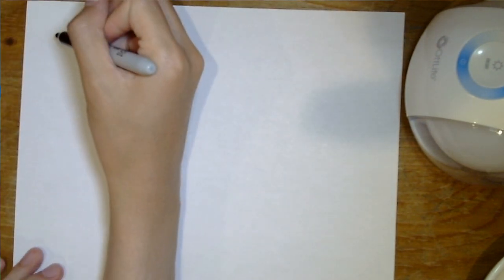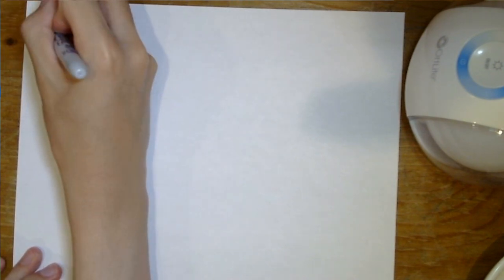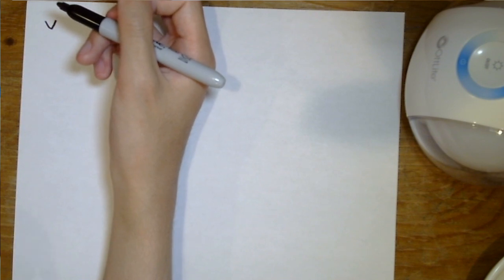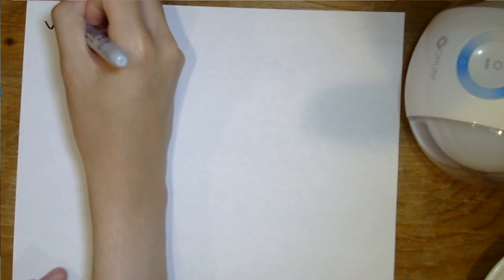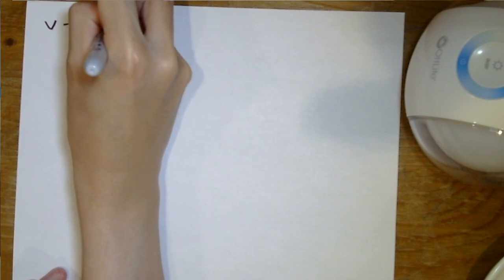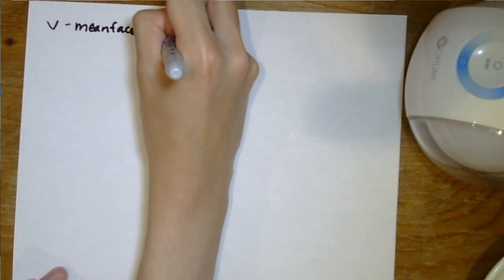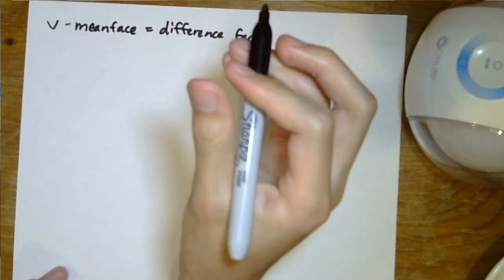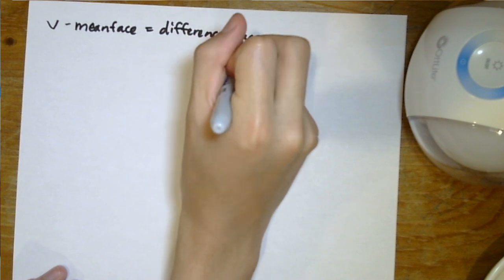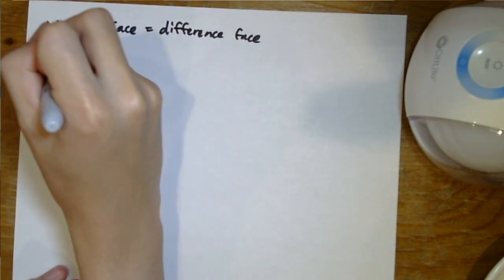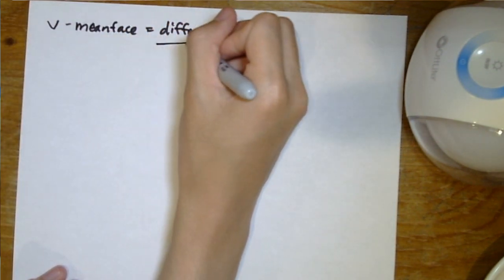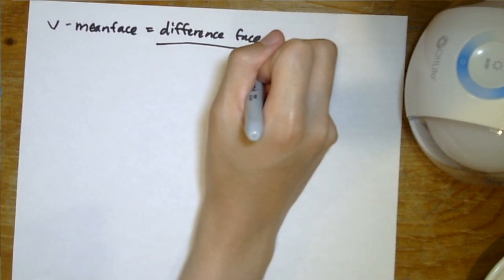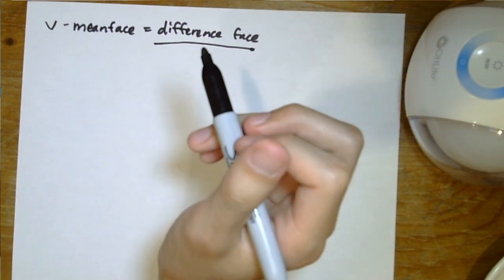So we start with an image, then we get a face vector v. To recognize this new face, we simply subtract the mean face to get the difference face. And then we write the difference face as a linear combination of all the eigenfaces because the difference face is guaranteed to be in the subspace spanned by the set of eigenfaces.